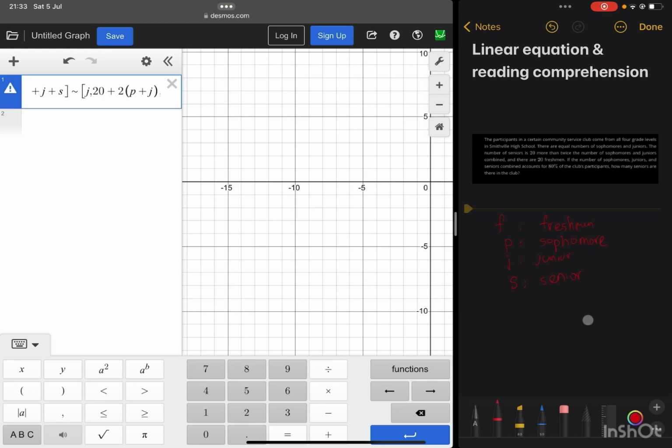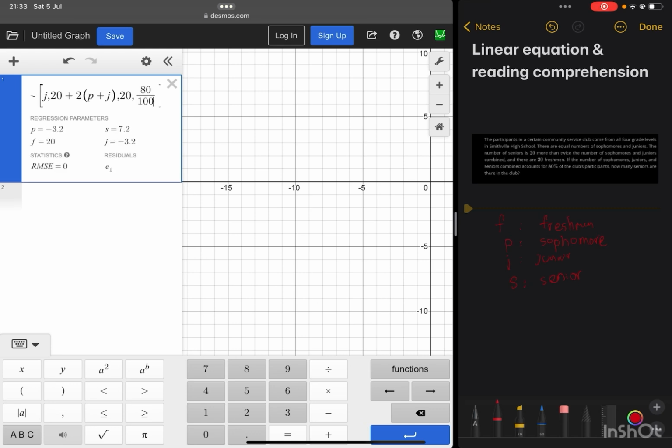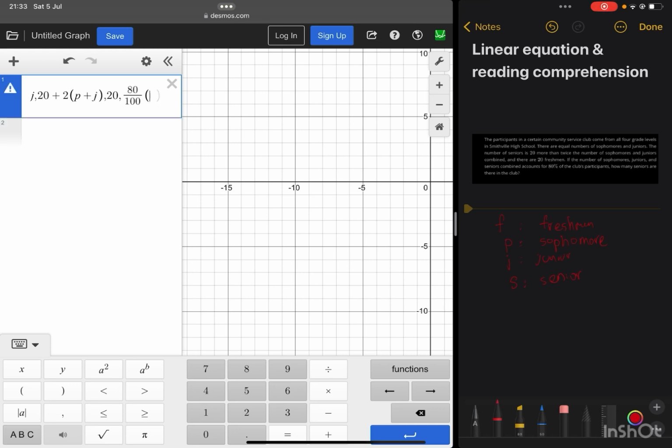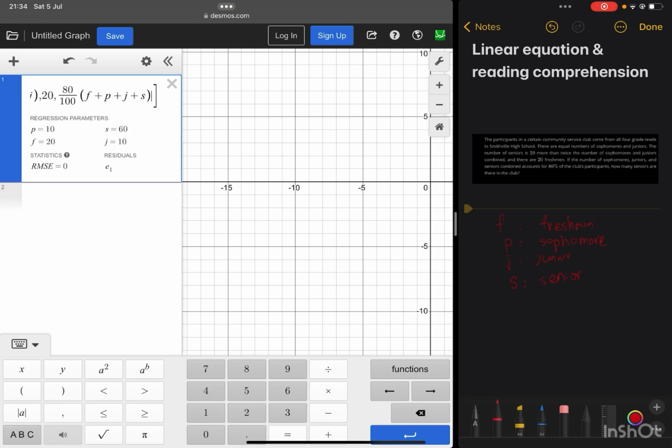So over here, P, sophomores, plus juniors, plus seniors corresponds to 80% of our club's participants, which includes freshmen, sophomores, juniors, and seniors. And that's our equation. So now we have the numbers of participants in each grade level.